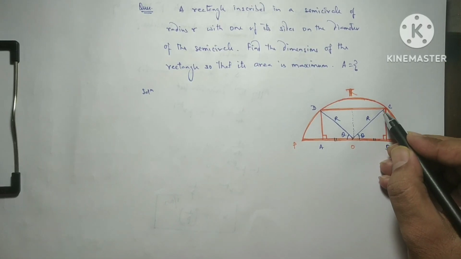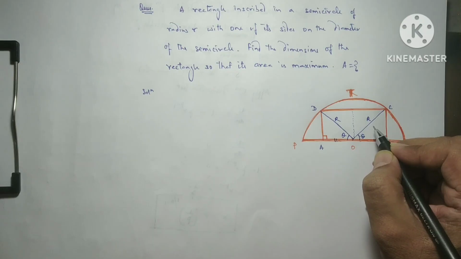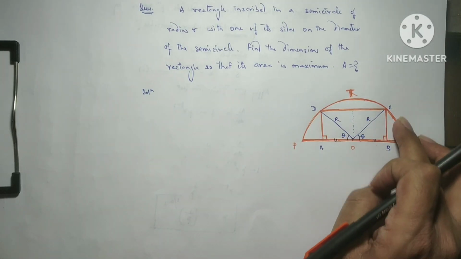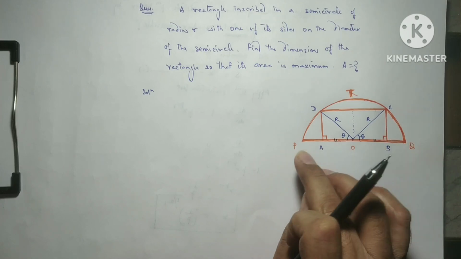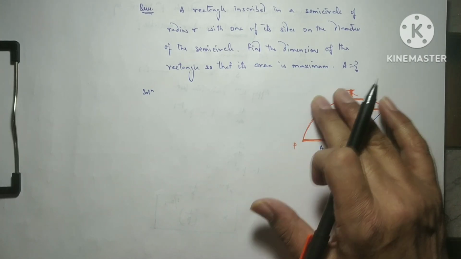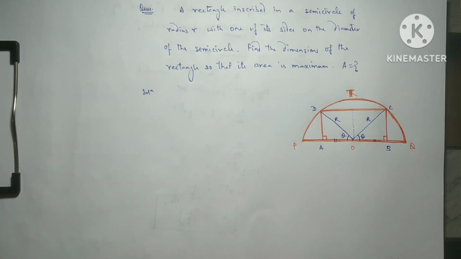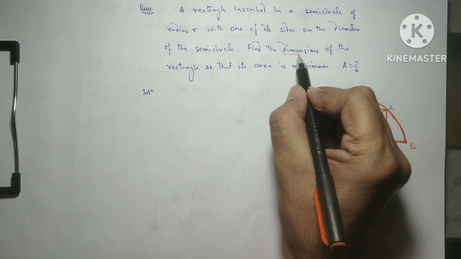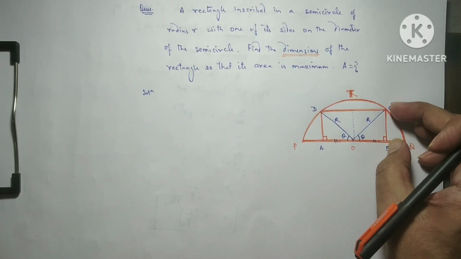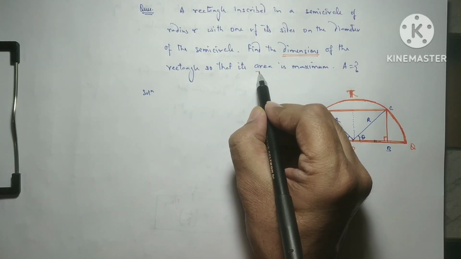The radius of the circle is small r or capital R, whatever you want. And one side of this rectangle lies on the diameter of the semicircle. It is the construction of this question. Now find the dimensions of the rectangle, meaning AB and BC, so that the area is maximum.